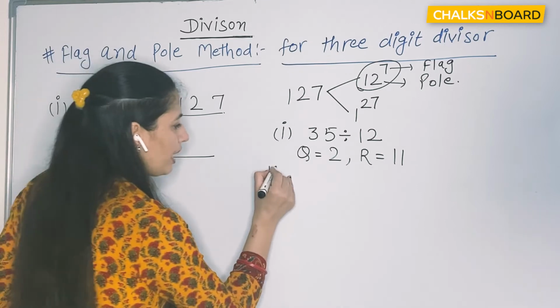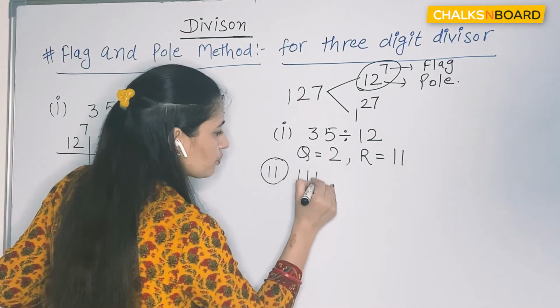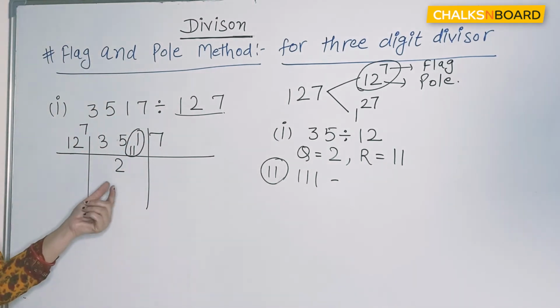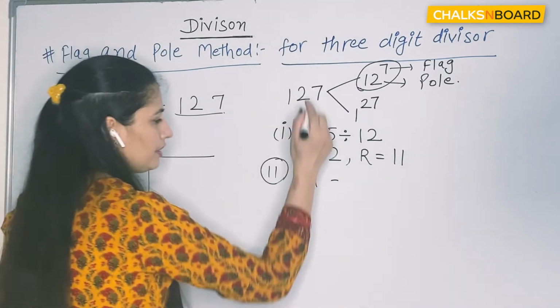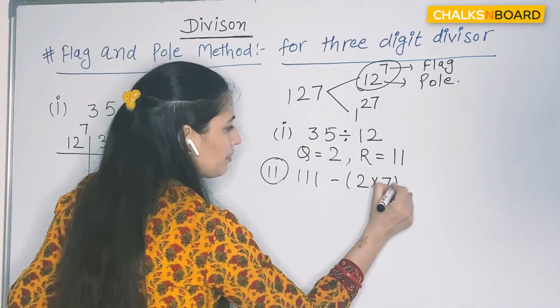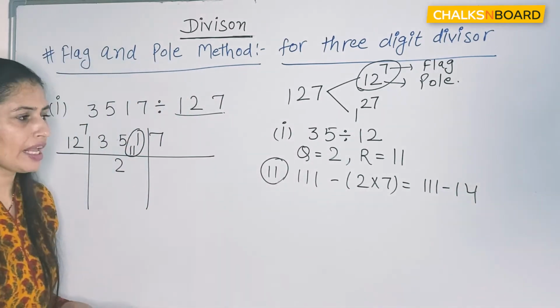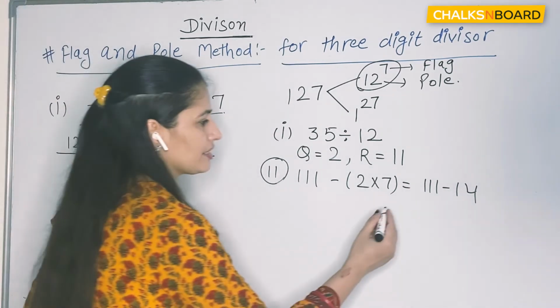So we have to write next number as it is, that is 111, and subtract करना है आपको multiplication of the previous quotient, which is 2, and flag, that is 2 into 7, which is 111 minus 14. 111 minus 14, that means 97.